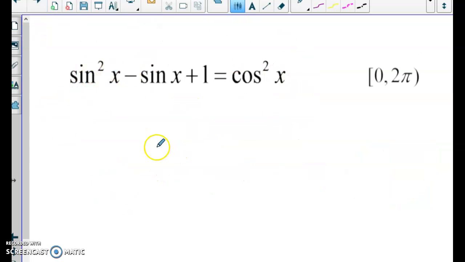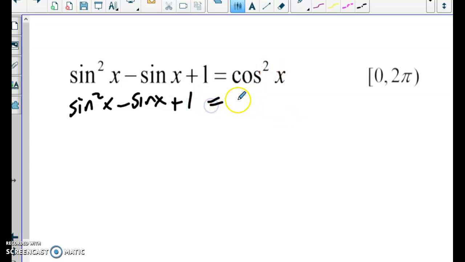Now we have something with 2 different trig things, and it looks a lot more like the stuff that we were doing in section 2, but we can still use some of that stuff. Let me start it out. Now, we know that the cosine squared is equal to 1 minus the sine squared.